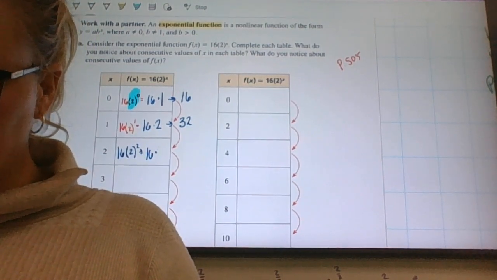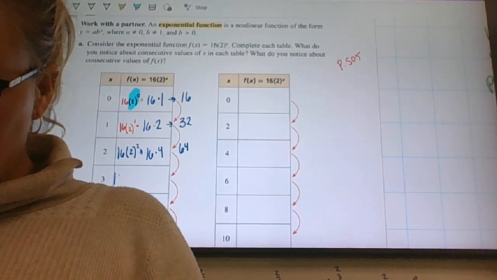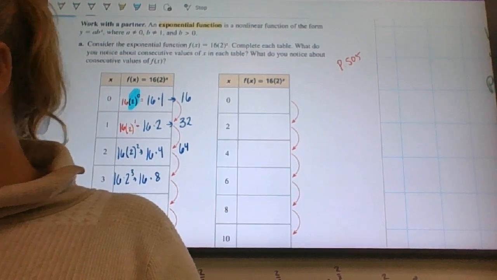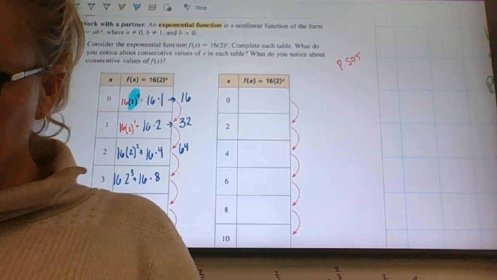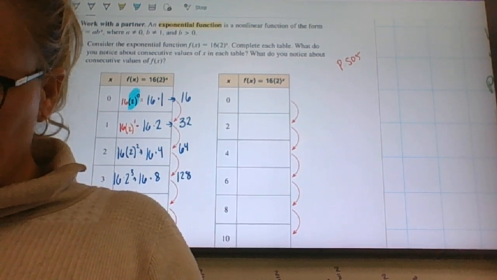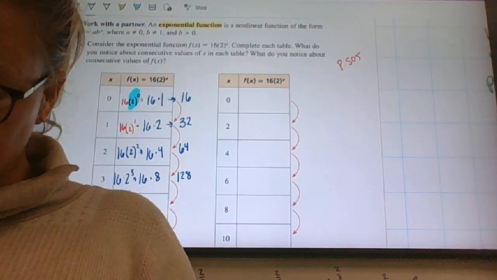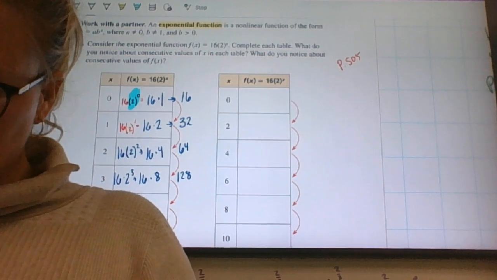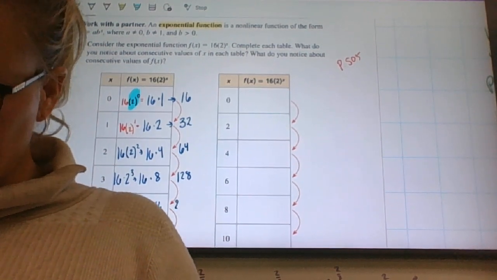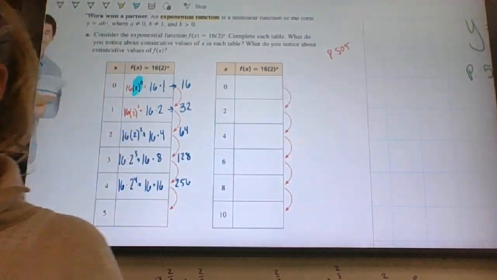What's 16 times 4? 2 to the third power is 8. What's 16 times 8? 128. 2 to the fourth power is 16, and 16 times 16 is 256. You see what we're doing? Do the exponent and then the multiplication.